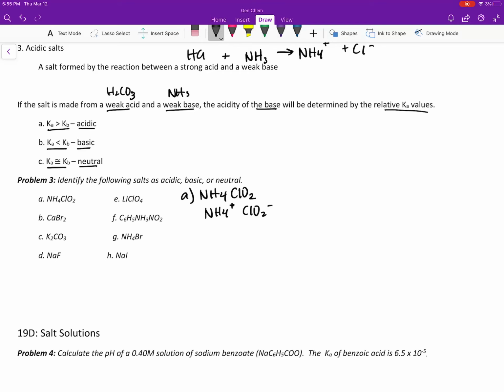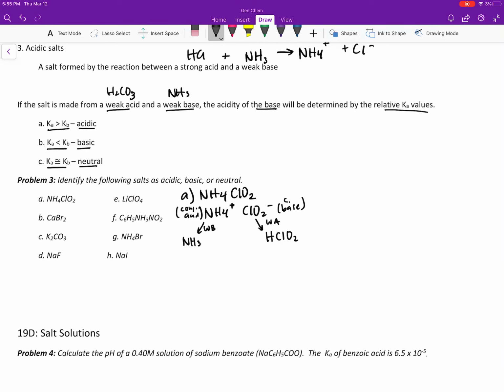We know that NH4 comes from ammonia, which is NH3, a weak base, and ClO2 minus comes from HClO2, which is not a strong acid, so therefore it must be a weak acid. So this is its conjugate base right here, and this is its conjugate acid right here.